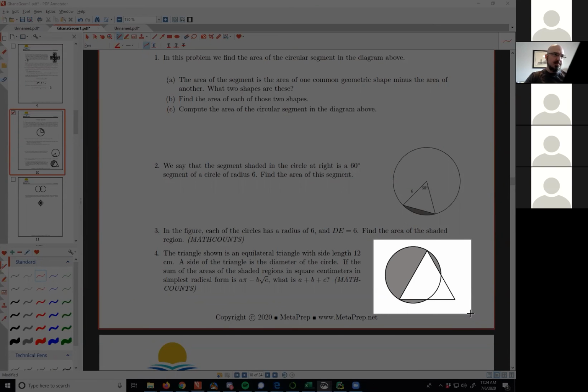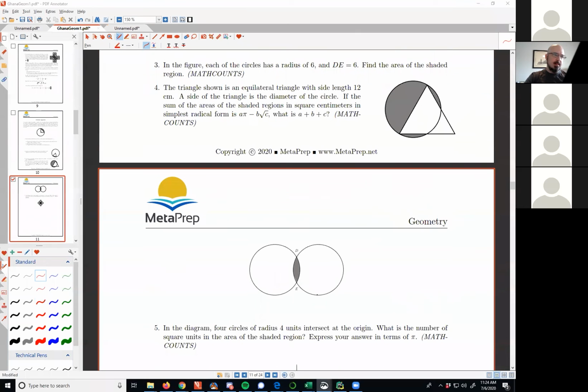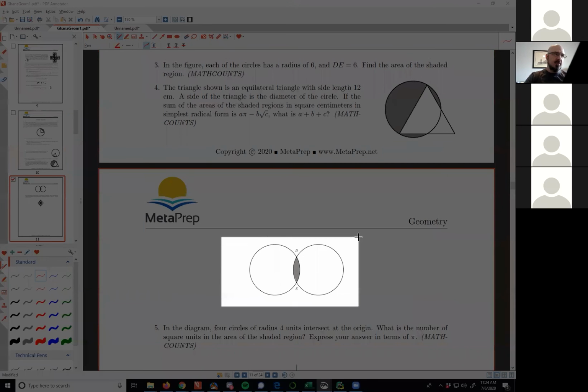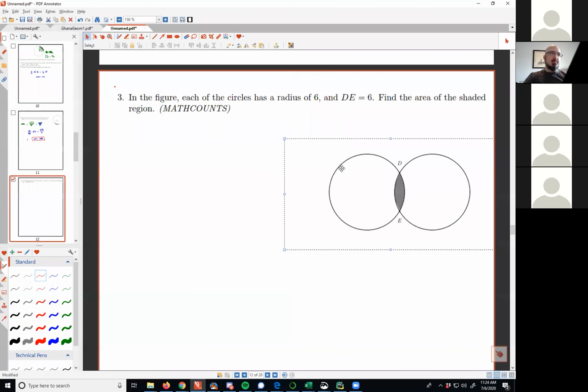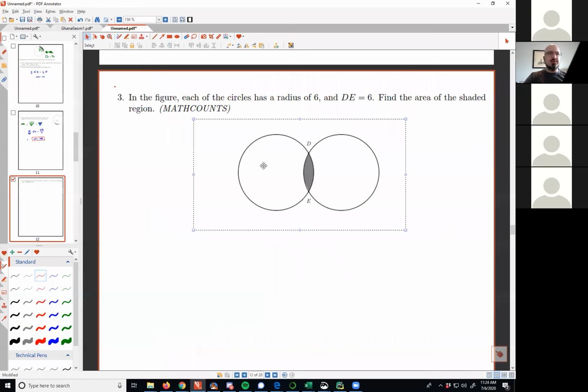Wait a minute. Oh, I think it's actually the second diagram that goes with problem 3. So my apologies if that's not clear in the document. Maybe I'll go fix that document and repost it later, but I think I'd rather spend time on the homework problems that I'm going to leave you.